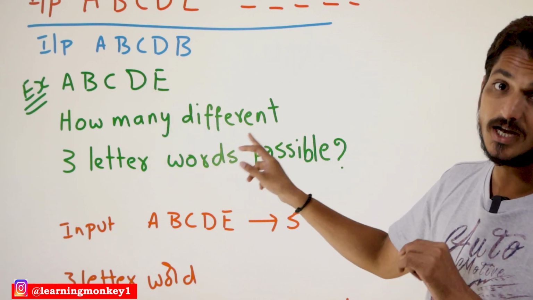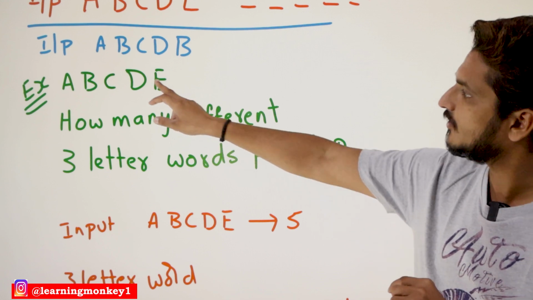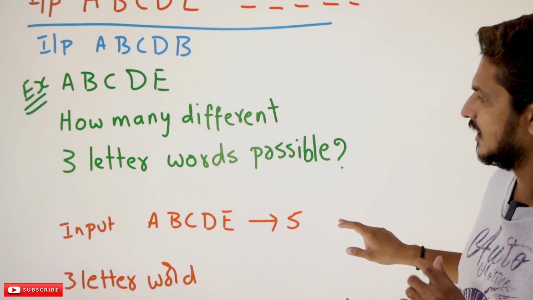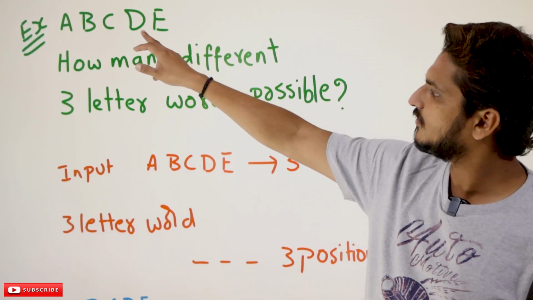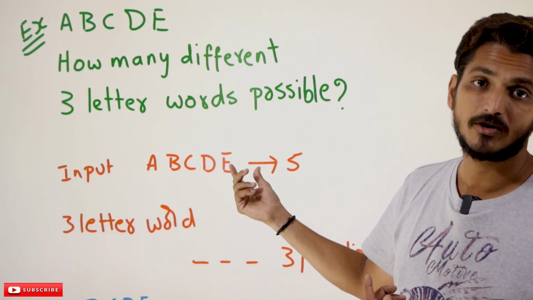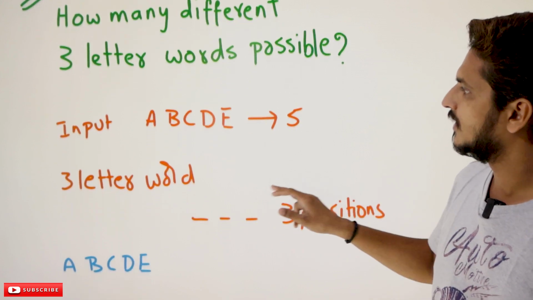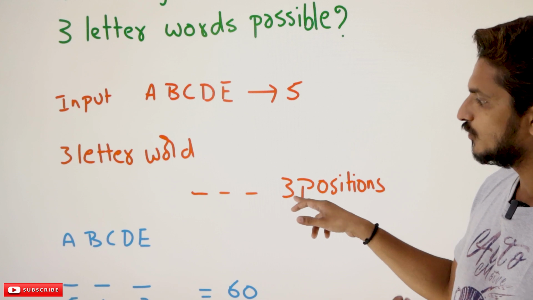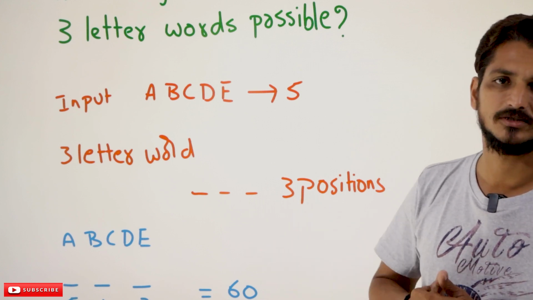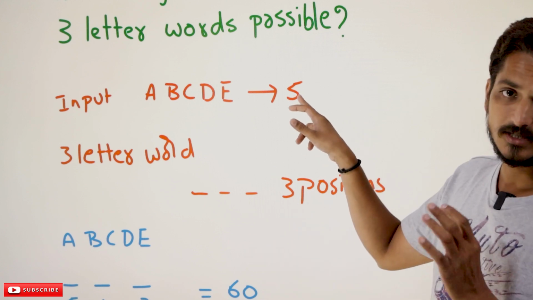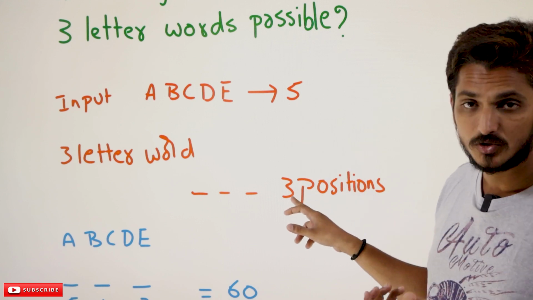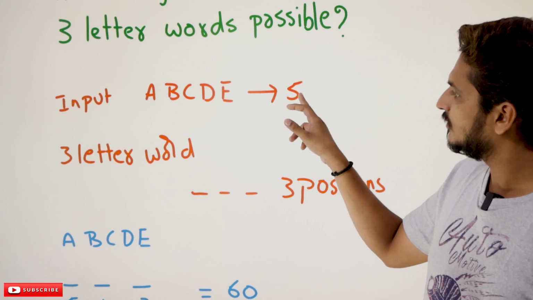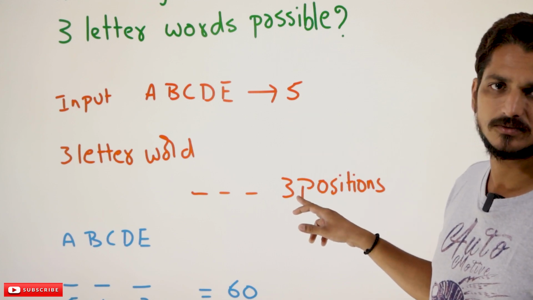How many 3-letter words are possible? So here n is equal to 5, r is equal to the number of positions. So input A, B, C, D, E, 5, 3-letter words. So we are going to take only 3 positions. This input we consider as n and the number of positions we consider as r. So n inputs, r positions.